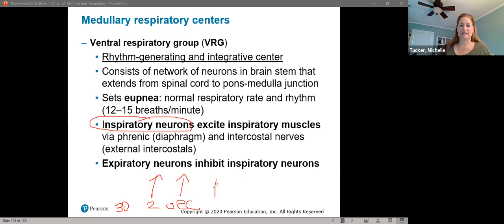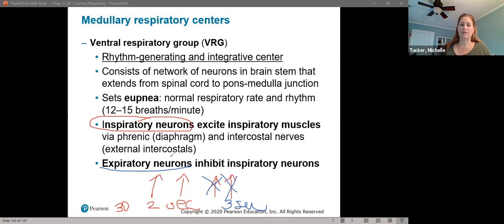And that's because instead of every 2 seconds, these expiratory neurons are going to inhibit action potentials for the next 3 seconds. So we have 2 seconds of inhalation where you're breathing in, muscles contracting, expanding that thoracic volume, bringing air in.